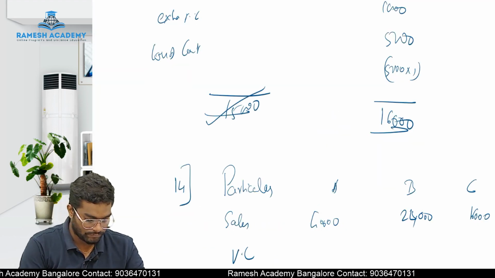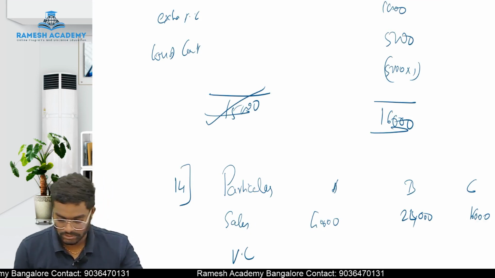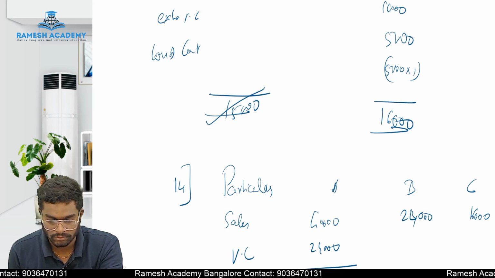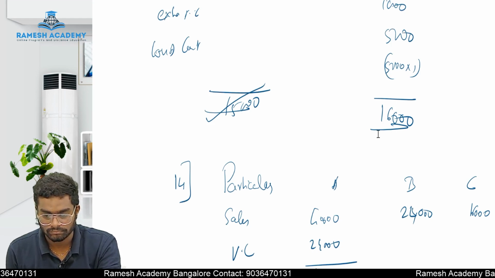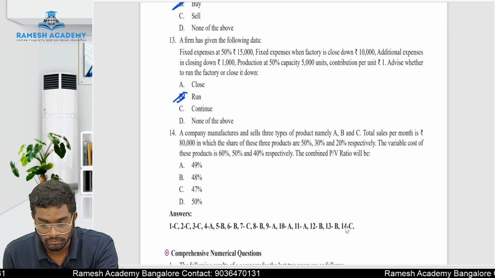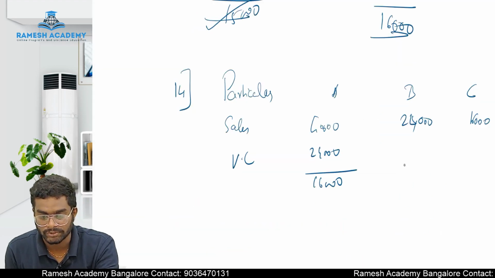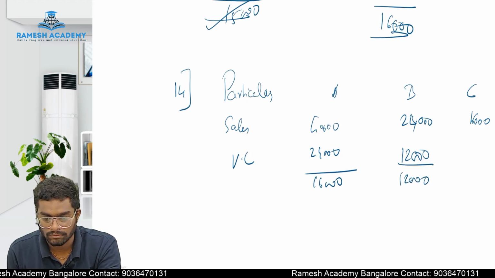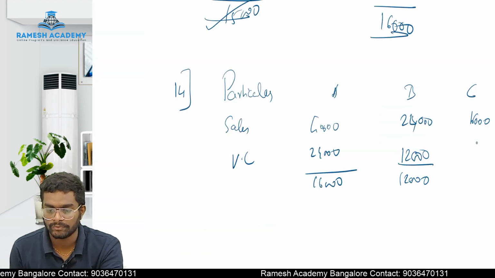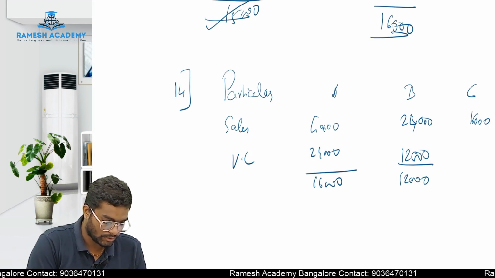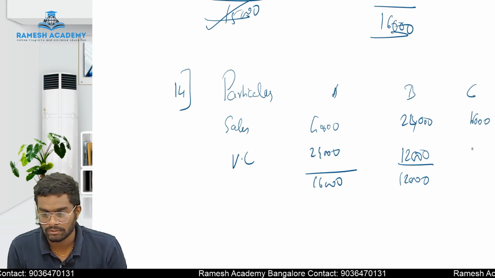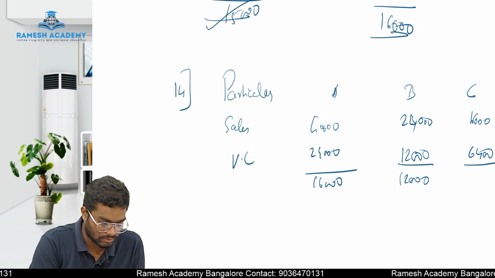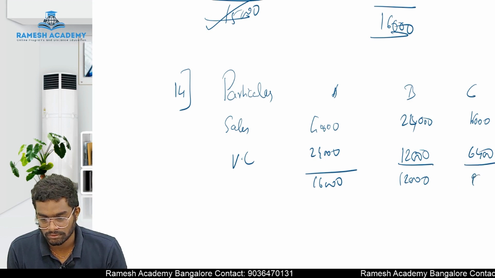So 40,000 into 60% is 24, which means 16 is my contribution. Understood? Now for that 50%, it means 12,000 here. Then we have 40%, which means 16,000 into 40% is 6,400. 16,000 minus 6,400 is 9,600.